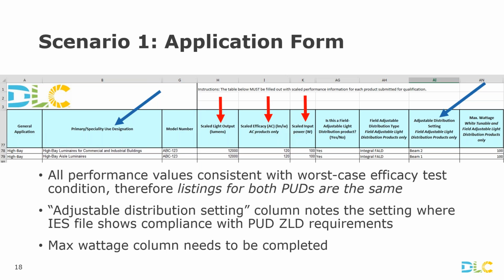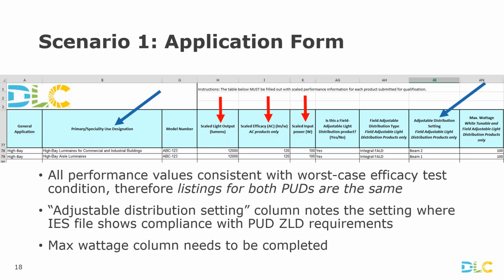The first thing that I want to note is the vertical red arrows for light output, efficacy, and input power. All performance values on the QPL are required to be consistent with that worst case test condition that's provided in the application.